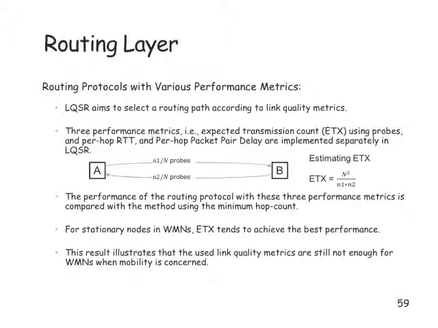Which means that the round trip time is now the propagation time plus the queuing time plus the propagation time on the way back. So it's not just the link quality, it's the link quality plus some other time that's spent on B. And this queuing time on B is variable.